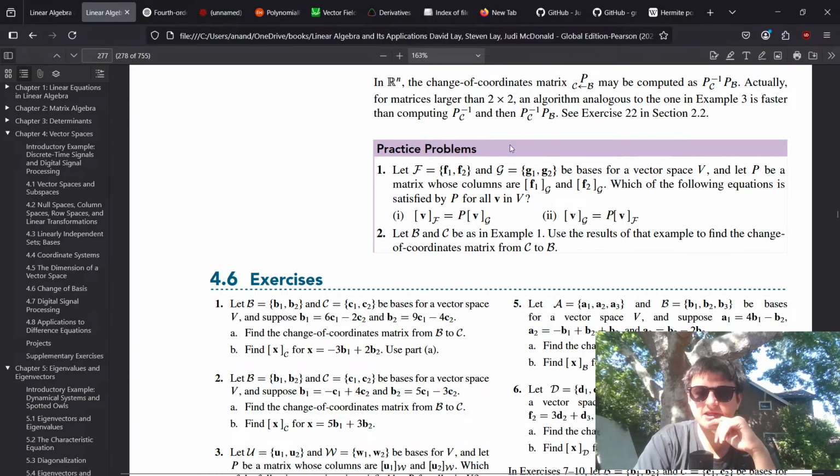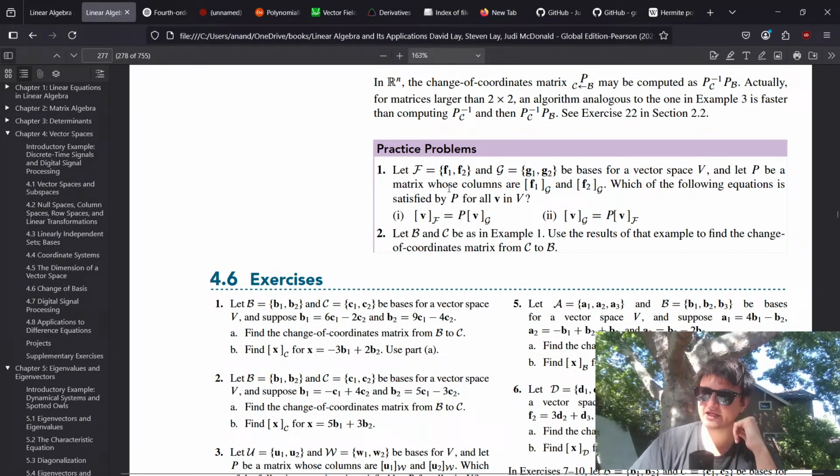Let F and G be bases of V. Let P be a matrix whose columns are... So this is going to be the change... Which of the following equations is satisfied by P for all V?